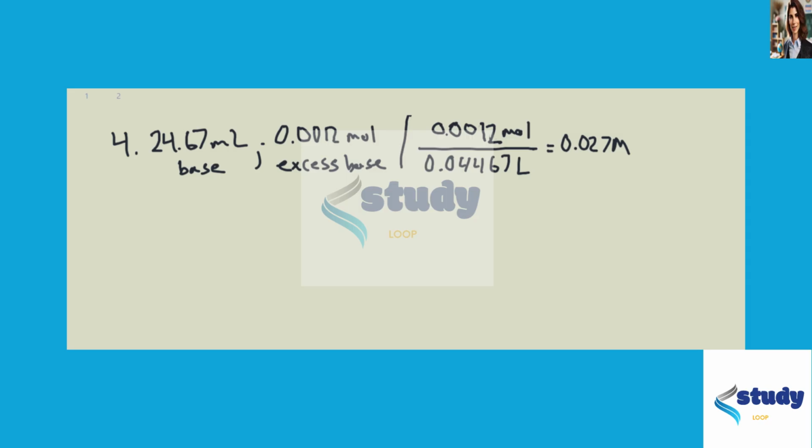We calculate pOH by taking the negative log, which is 1.57. And then pH would be equal to 14 minus that, which is 12.43.